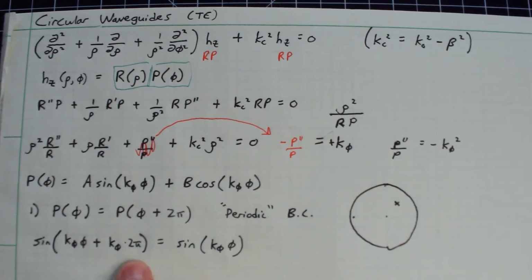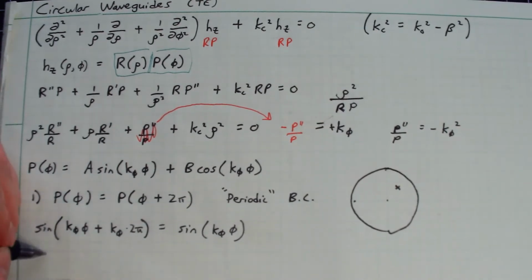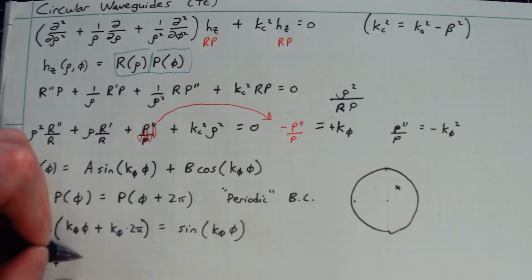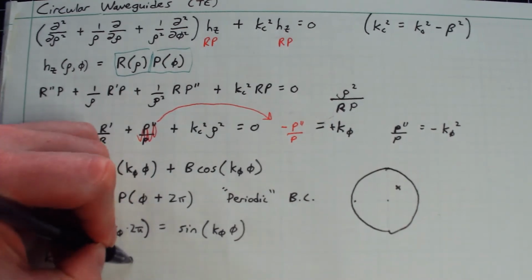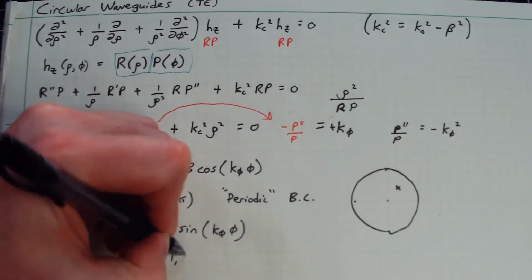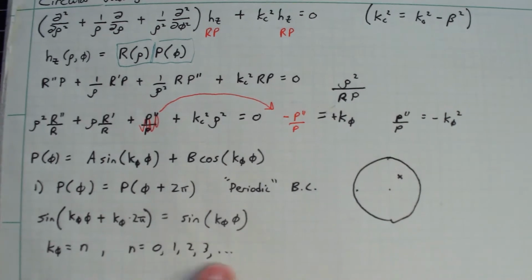This can only ever be a true proposition if k sub phi is an integer, namely n equals 0, 1, 2, 3, and so on. Now, the 0 may be a special case that we'll worry about later, but for now any positive or negative integer is technically allowed for this solution.